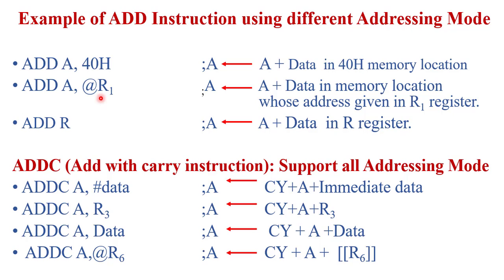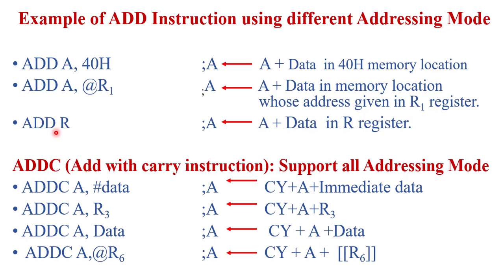So that data is added with the content of the accumulator register and the result is stored in the accumulator register. Because in case of addition, multiplication, division, whatever the instruction, the destination location is always the accumulator. Next instruction is ADD A, R. This instruction is also valid.